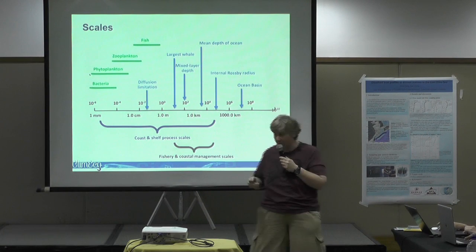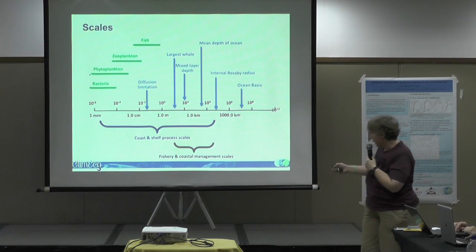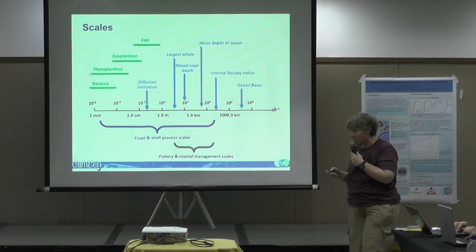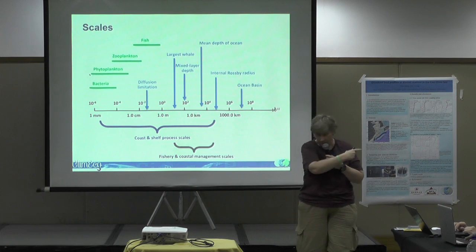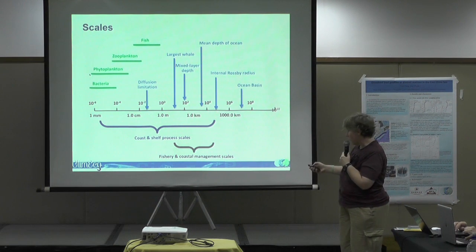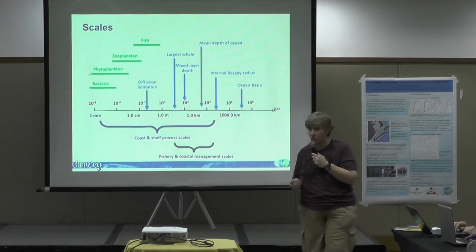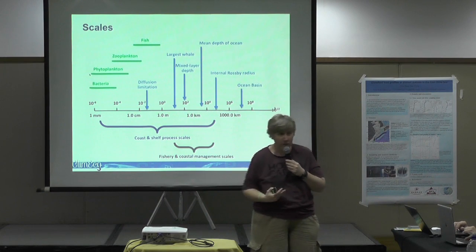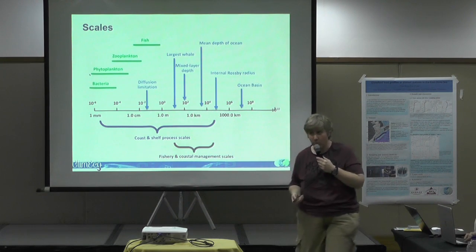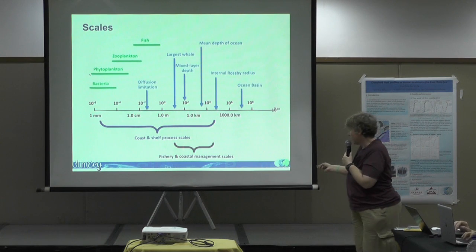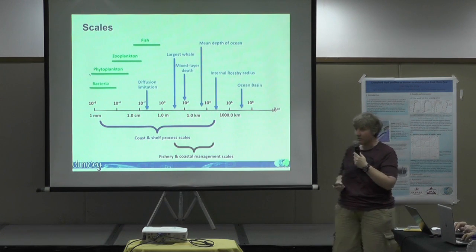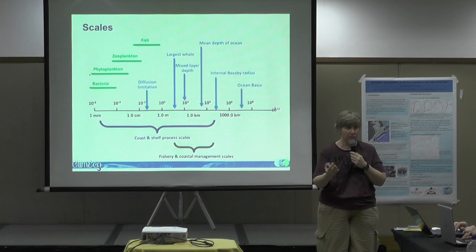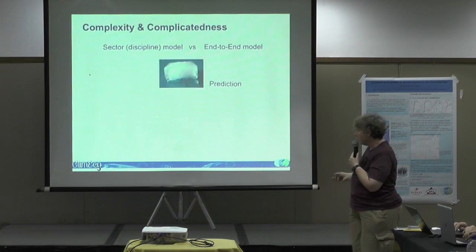But the reason for thinking about all those scales is that if we think about just a single beach, say the beach we're going to go to at lunchtime, that beach is actually influenced across 10 orders of magnitude in the way that the animals on it live, the waves coming in, what's driving those waves. And so the poor bloke who has to manage the beach has to actually be, on a day-to-day basis, dealing with 4 orders of magnitude. So scale is really important in the way that you put a model together.